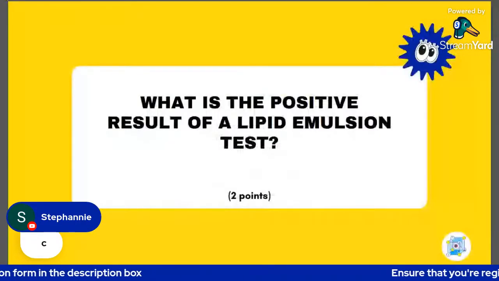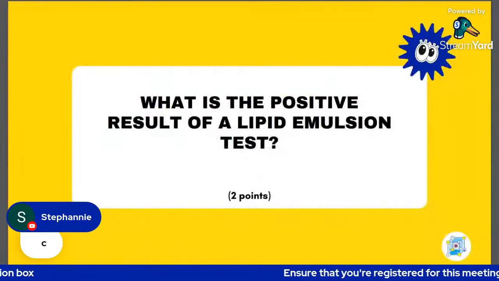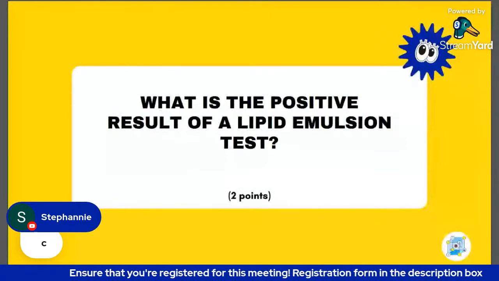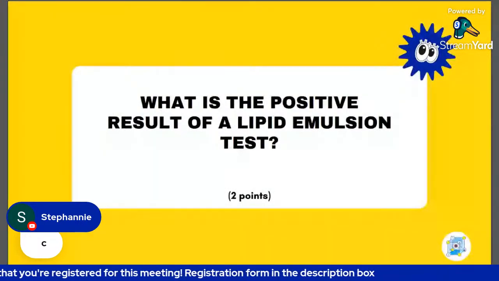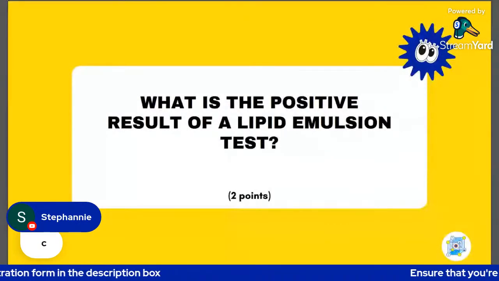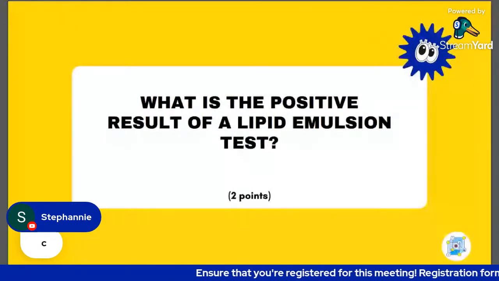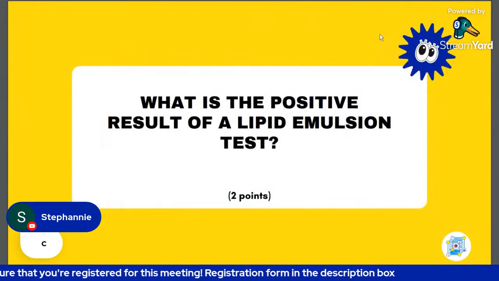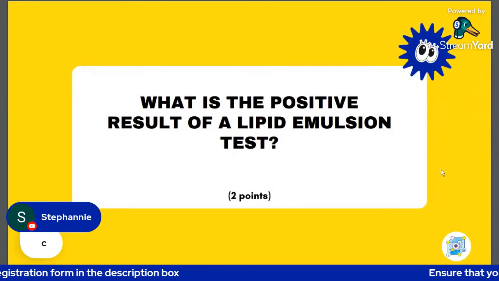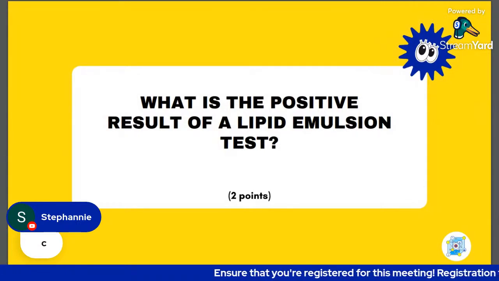So our next question, which you just skipped, all right, so this is our question. What is the positive result of a lipid emulsion test? When we finish the test, what result did we get that indicated that we had lipids present?